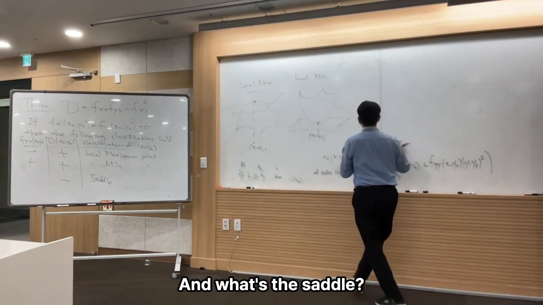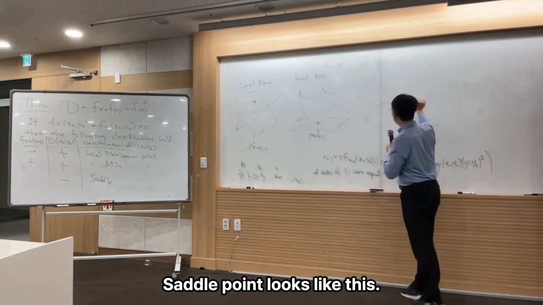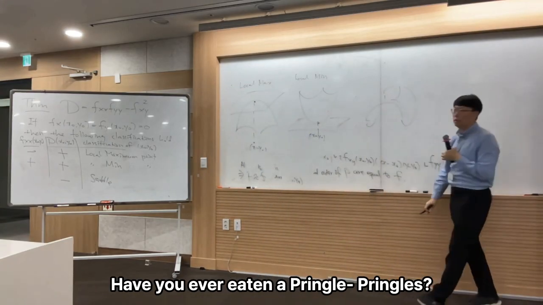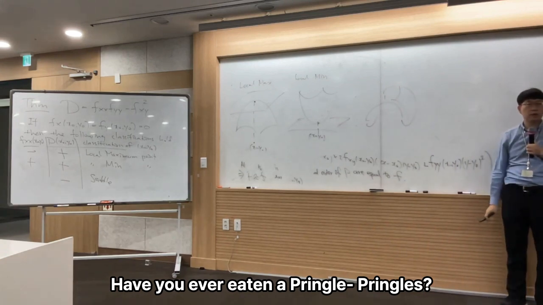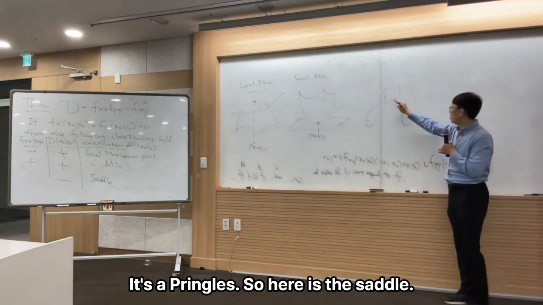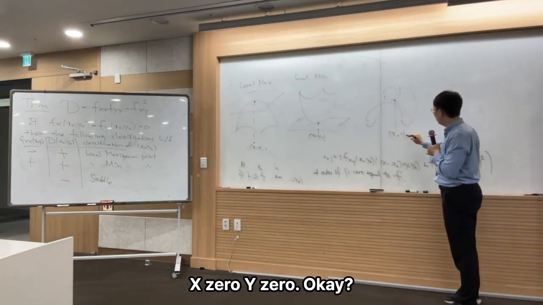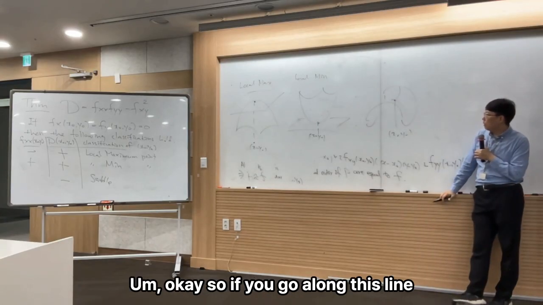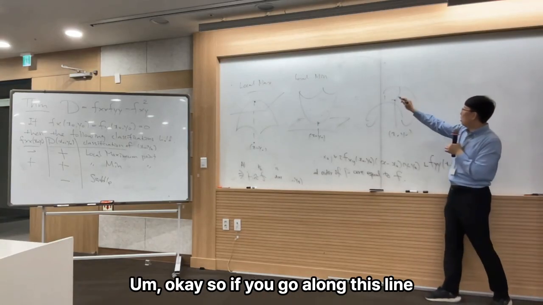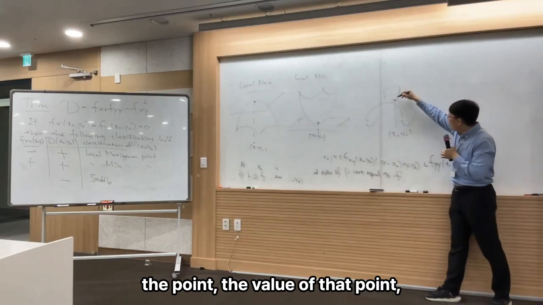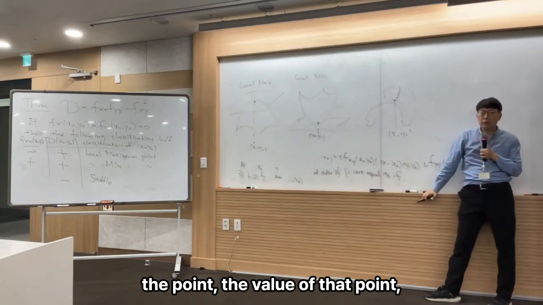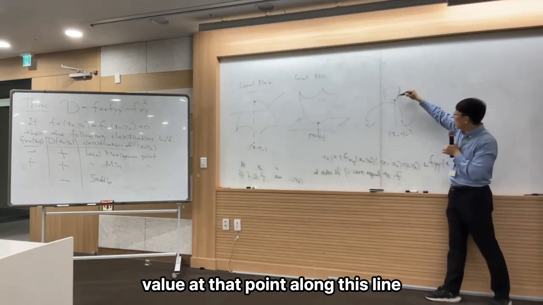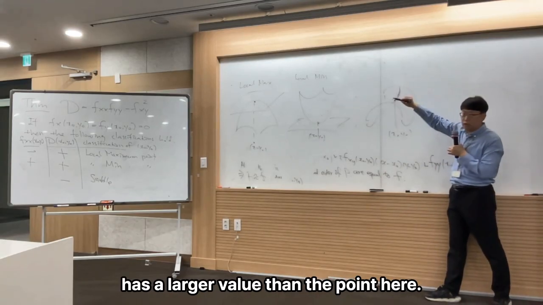And what's the saddle? A saddle point looks like this. Have you ever eaten a Pringles? It's a Pringles. So here is the saddle, (x0, y0). What does that mean? If you go along this line, the value at that point is larger than the value here.